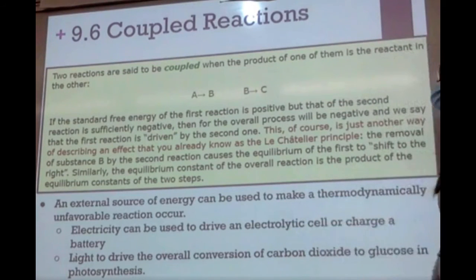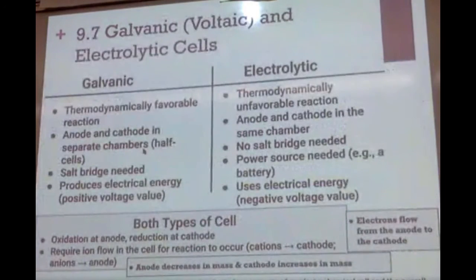So essentially what topic 6 says is that you can use an external source of energy to make something work. Run electricity through it, an electrolytic cell, make a process happen. They use the example of light to make photosynthesis work. You need energy in order for a process to work. So if something is thermodynamically unfavorable, you can make it favored by adding energy.